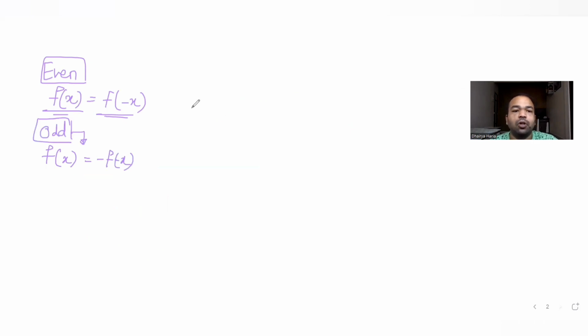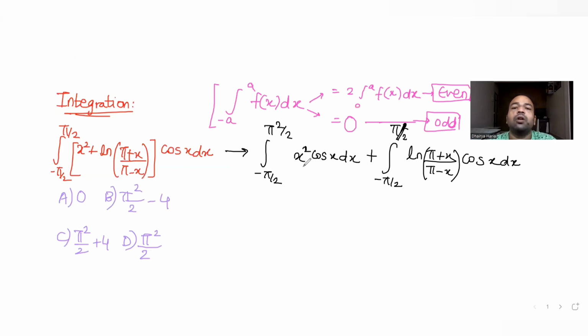Now let's try to solve this further. We have been given two expressions. Let's understand which one of them is an even function or an odd function. For the first function, f of x is x square cos x. Now instead of x, if I put minus x, you get f of minus x as minus x the whole square into cos of minus x.